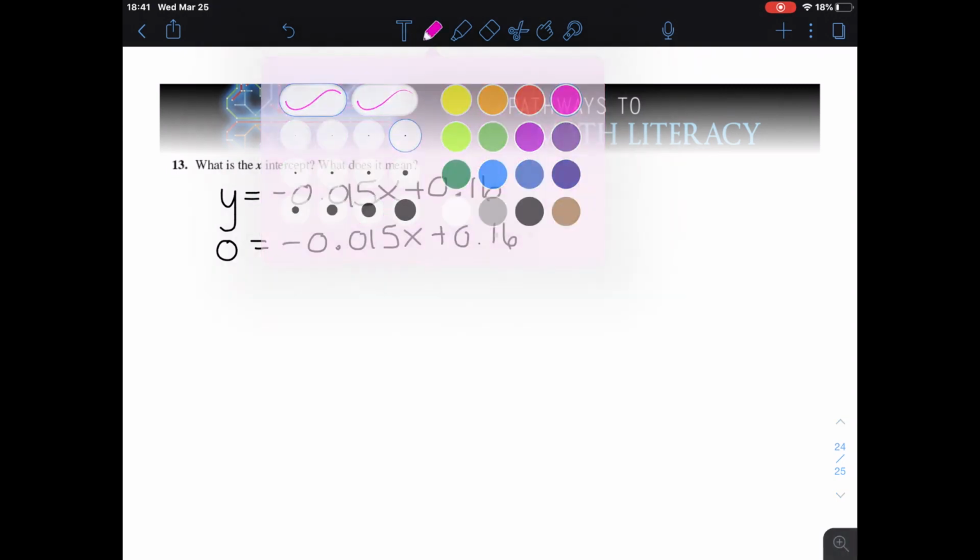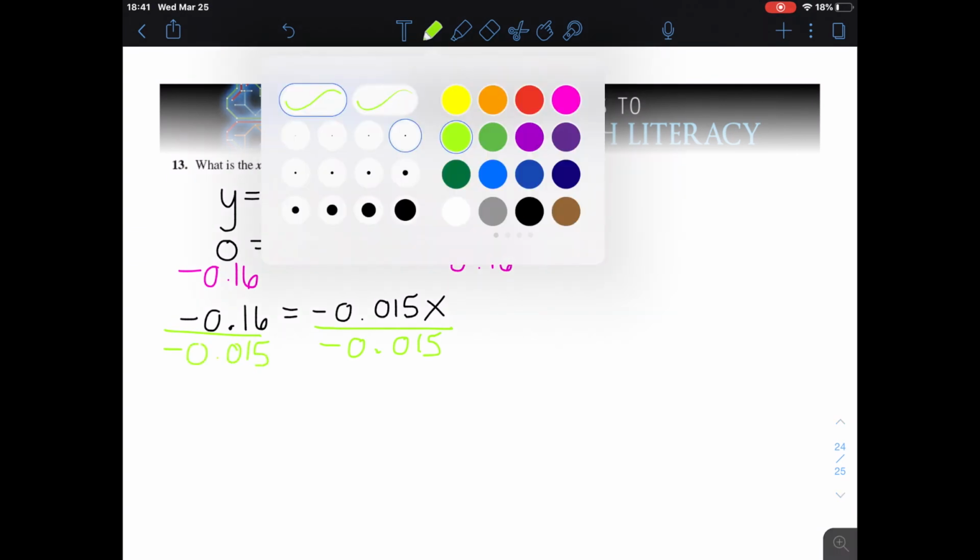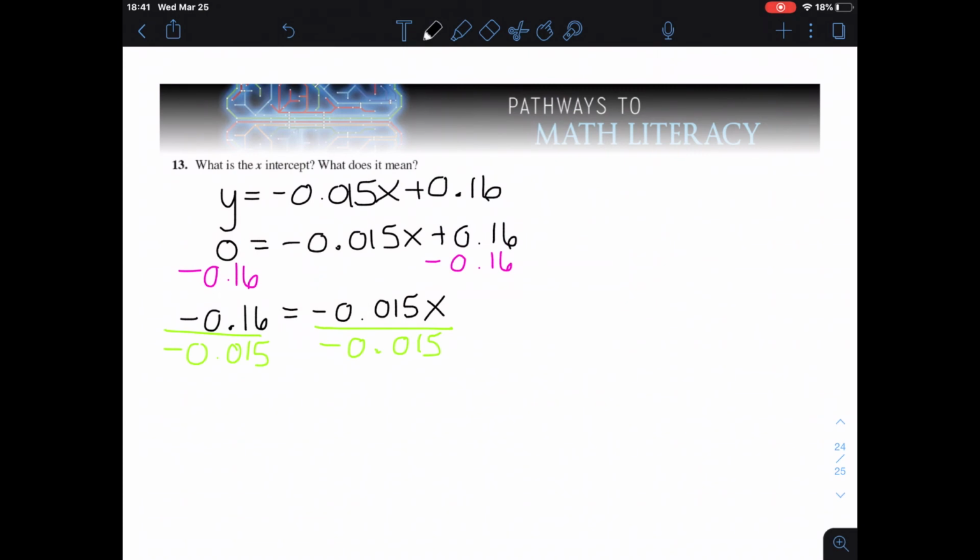So we need to go ahead and subtract the 0.16 from both sides. And so we get negative 0.16 is negative 0.015 times x. And then finally, to get x on its own, you divide by that negative 0.015. So this gives us that x is around 10.67.